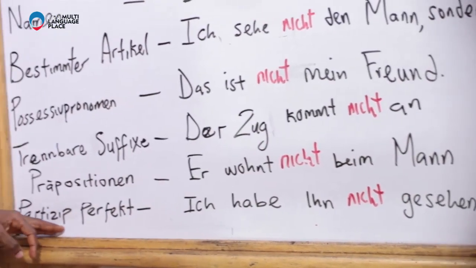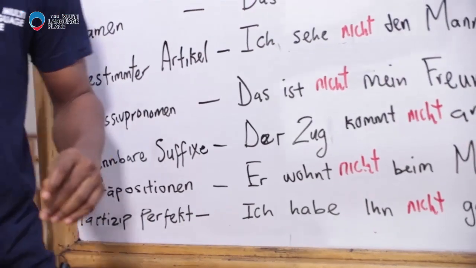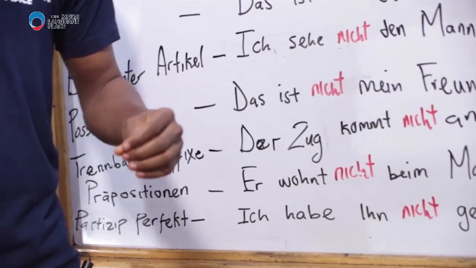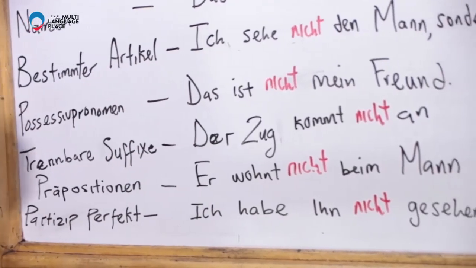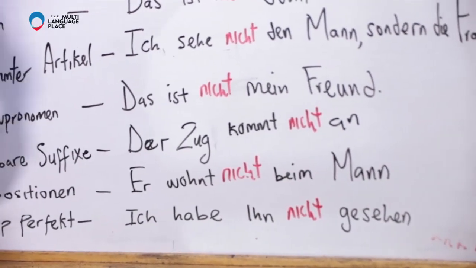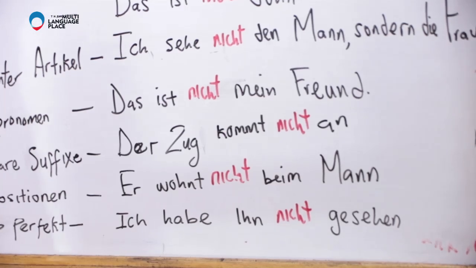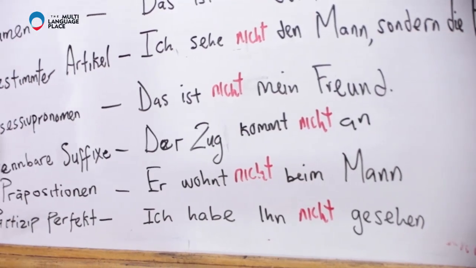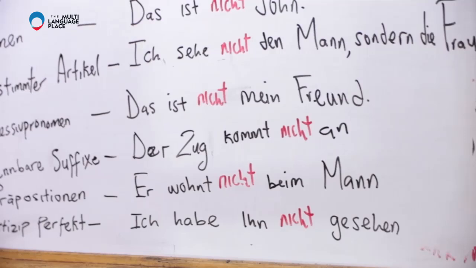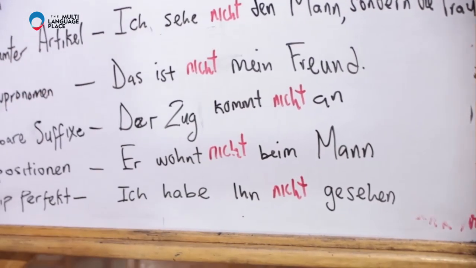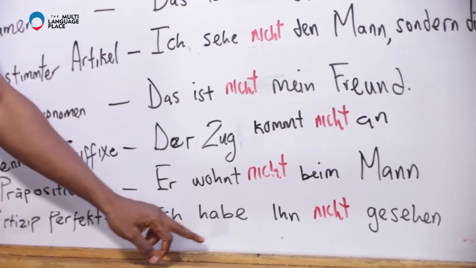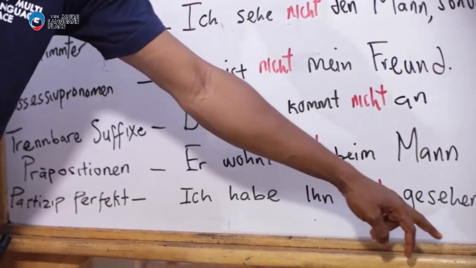What of when we have our past participle? Nicht has to come before that past participle. If you are negating a statement in the past, something that happened in the past that has a participle, the participle is what the nicht has to come before. Like this example: Ich habe ihn nicht gesehen.